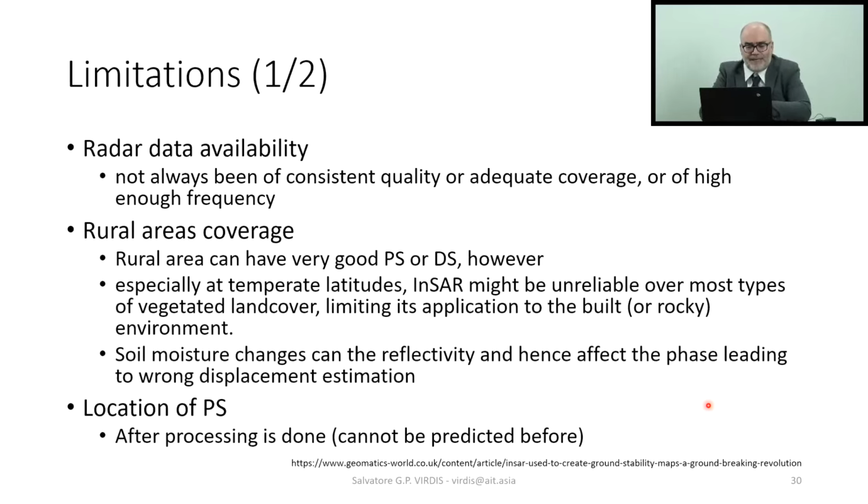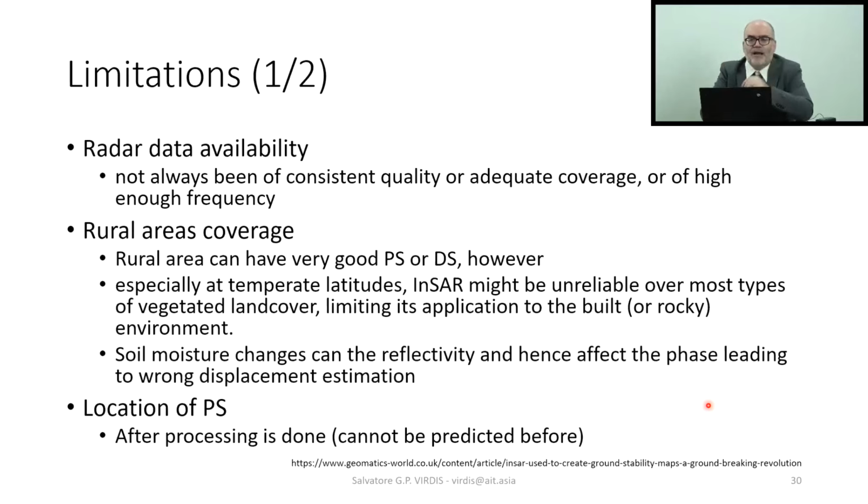Another important limitation from an application point of view, or a market point of view, if you want to apply the PS technique as a marketable technique, is that we don't know the location of the PS before processing the image. And even processing the image could displace the location of the PS slightly because of several components of this processing.